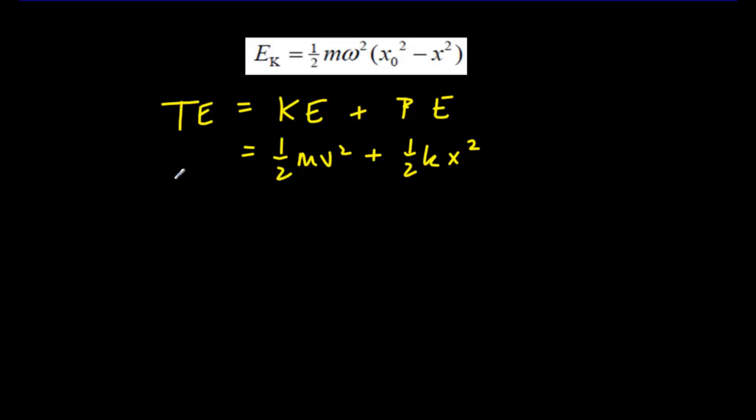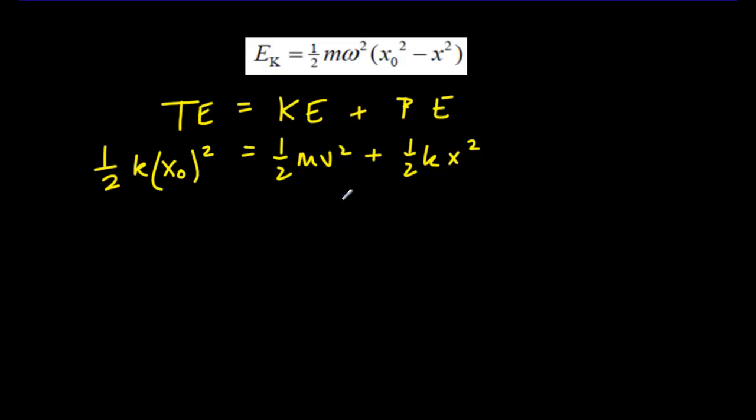And of course, our total energy is equal to the potential energy at the endpoints. So that's equal to 1/2 k, and then take the displacement, where the displacement is equal to the amplitude, so x naught squared.